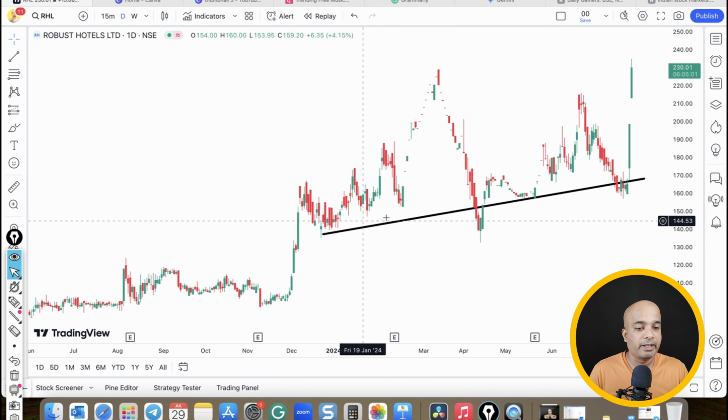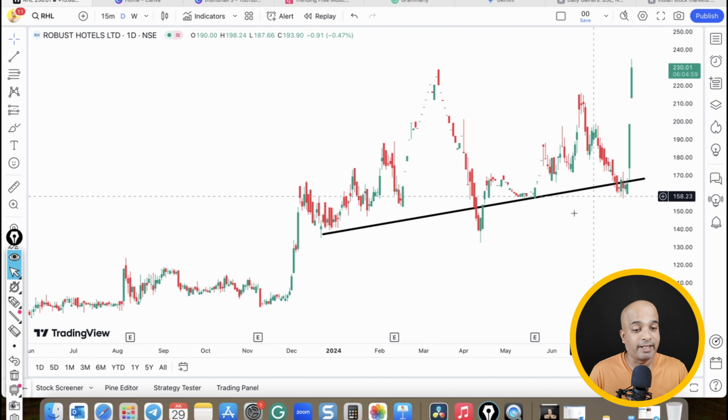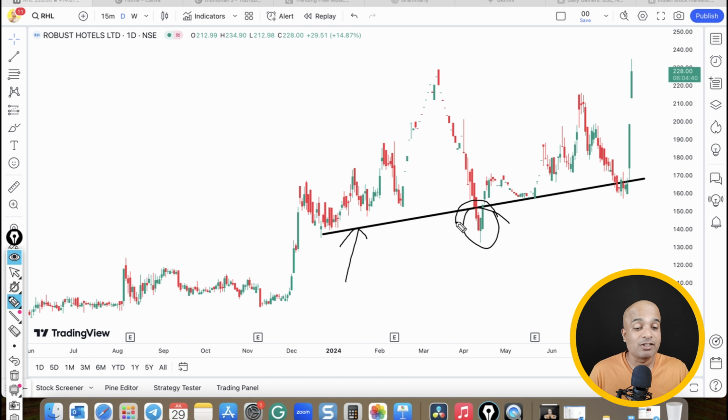I have connected a peak here, a peak here, a peak here. But if you observe very carefully, the price has not respected the trend line in this case. Whenever you draw a trend line like this, the importance of the trend line automatically decreases, because the price has not respected it. So you should always draw trend lines which the price has respected in most of the cases. That's very important.